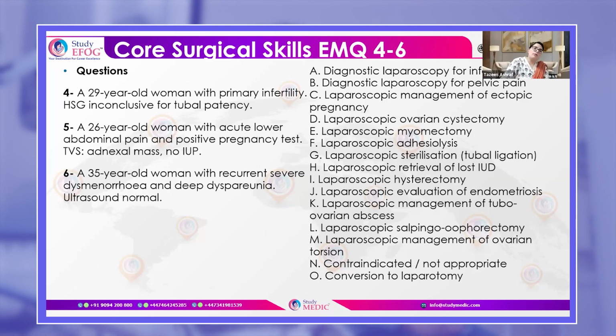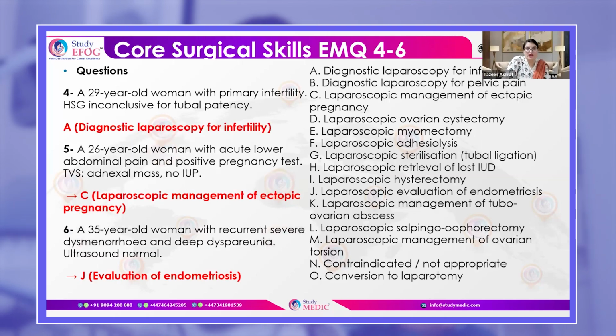Ultrasound is normal. So among these options, the first woman is coming with primary subfertility, and hysterosalpingography is inconclusive, so we are not able to find tubal patency. So definitely we should go for diagnostic laparoscopy in subfertility cases, so that we can find out what actually is the cause of subfertility.